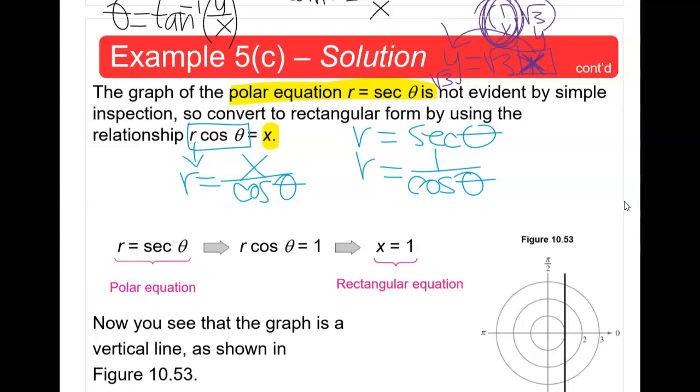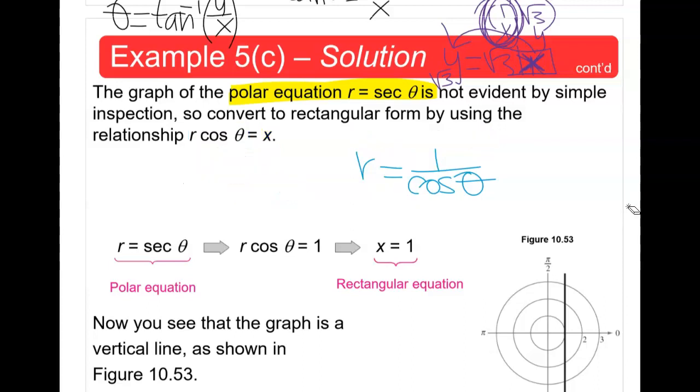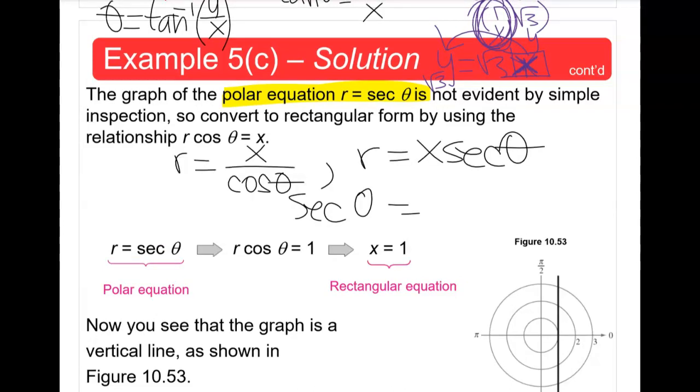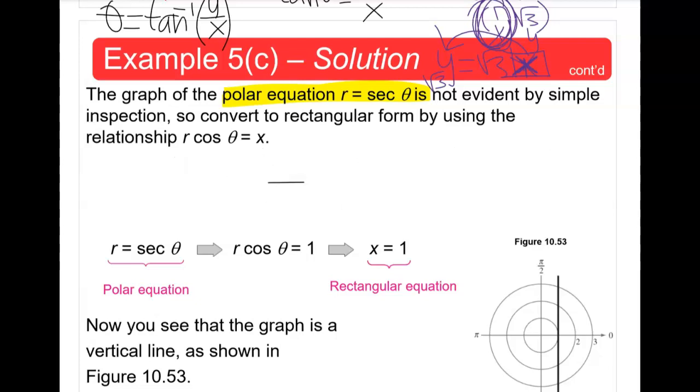Actually, no. I'm just going to get rid of this, look at the book, and then pause the video. Okay, so what we're going to do here, and I'm going to just delete this so we can start from the beginning. The relationship that we had was r cosine theta is equal to x from previous slides.